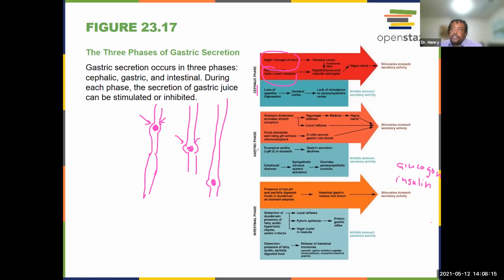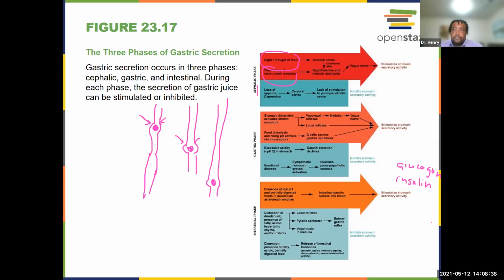So in terms of the gastric phase, when we start getting too much acidity in our stomach, that's also going to cause the stomach to inhibit those secretions, and so the gastrin is going to decline. Emotional distress can cause this problem as well.